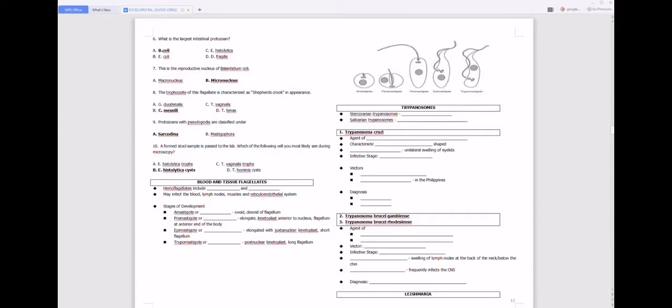While letter D, Trichomonas hominis cysts. Bakit hindi ito, diba? Cyst siya. And Trichomonas hominis uses stool samples. But mind you, Trichomonas hominis does not have a cystic stage. So, trophozoite lang siya. So, the answer is E. histolytica cysts. Okay?